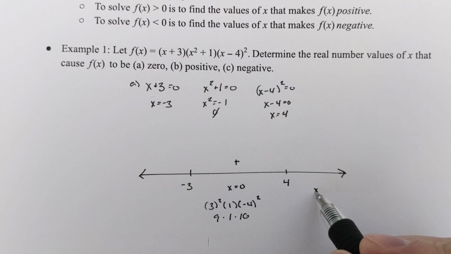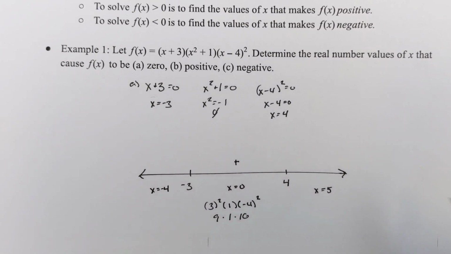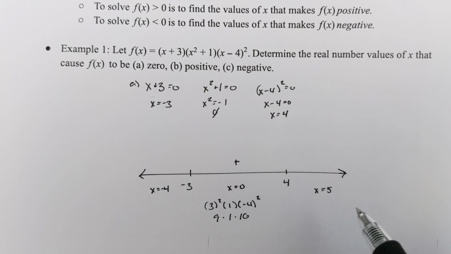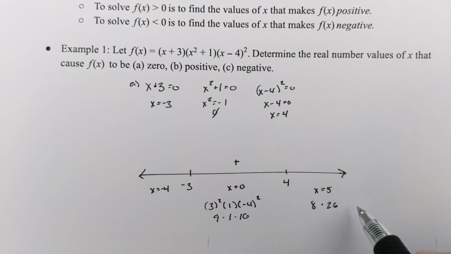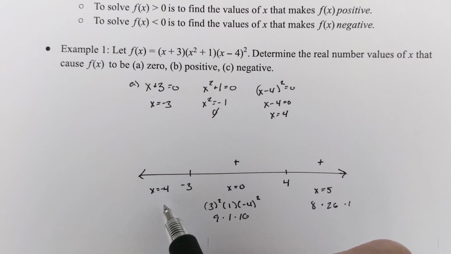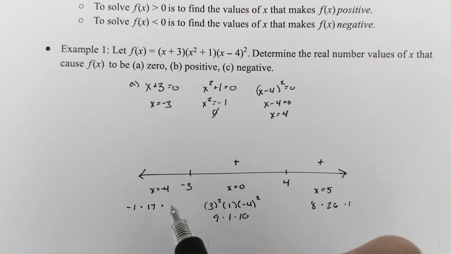Now to get the other ones, some number more than 4, some number less than negative 3, we can plug numbers in. For example, if I plug 5 in, this becomes 8 times 26 times 1, which is a positive number. If I plug negative 4 in, I get negative 1 times 17 times 64, which is a negative number.